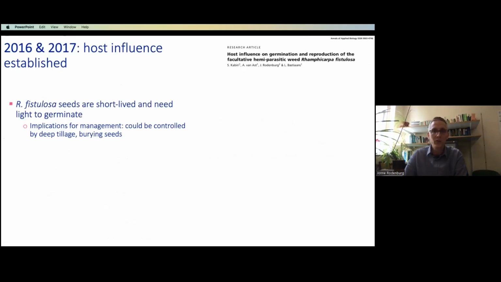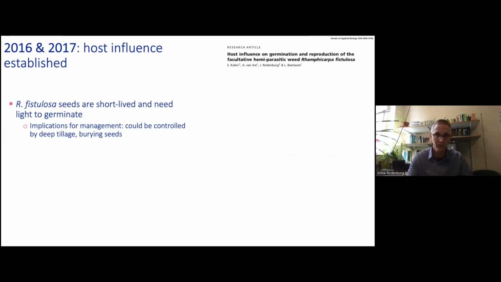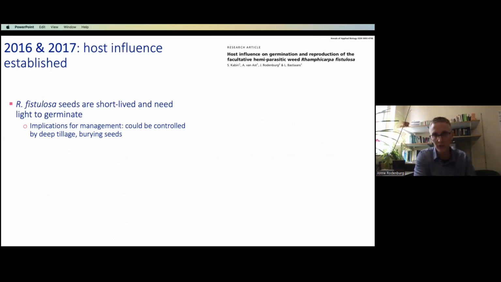Now, in terms of how the host influences the parasite, we have observed that Rhamphicarpa fistulosa seeds are short-lived, and they also need light to germinate. This is quite a distinction from Striga. Striga has very long-lived seeds, and they don't need light. They can germinate from the soil.